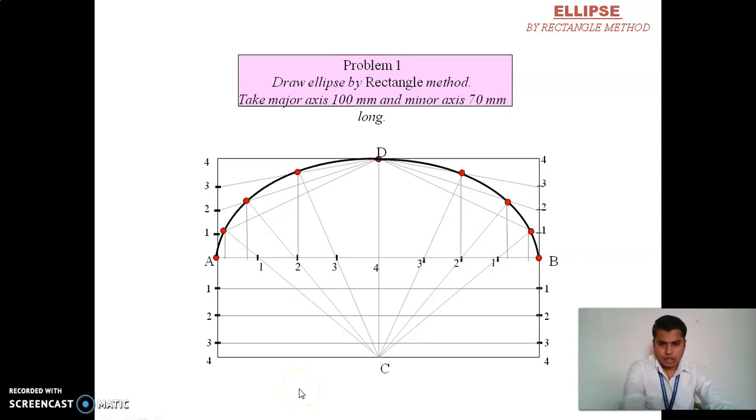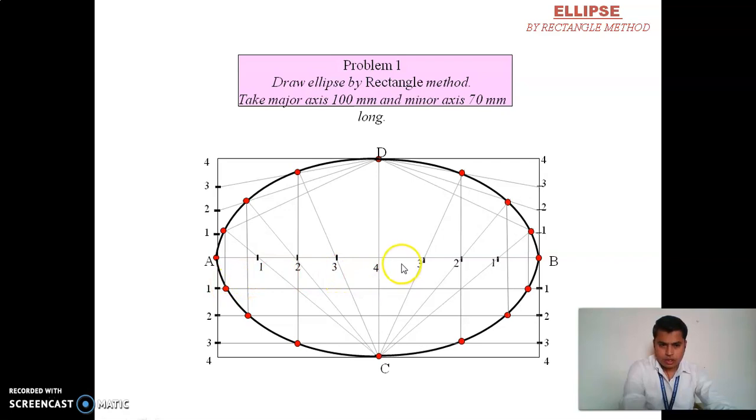Then you can transfer all the previously drawn points with red color bubbles. Suppose this is P1, so you can extend this vertically up to line 1, and you are getting P1 dash. Then you can join all the points and you are getting a simple curve.